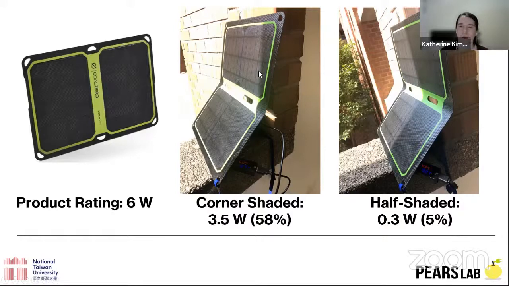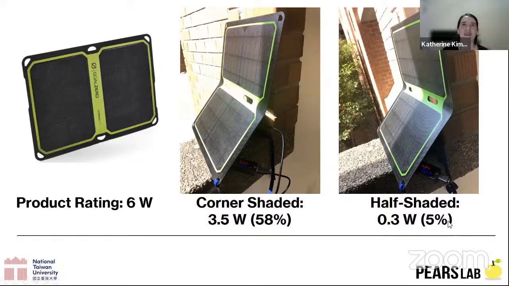So I said, well, what about when it's half shaded? Because this condition may come up a lot. So what happens if we get half of this thing shaded? We would like to still get 50% because we're still getting 50% of the solar power. But we see that when we have it half shaded like this, we only get 0.3 watts out, and that's about 5%.